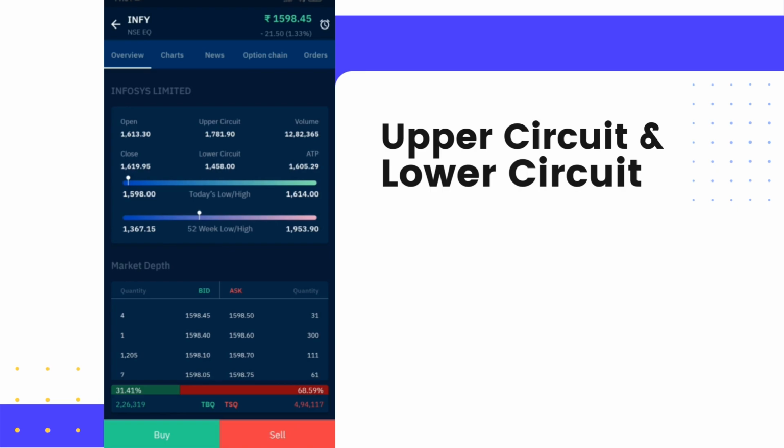Let's say from 1613.30 it went to 1620, 1630, 1640. But till when can it increase? It can only increase up to 1781.90. If it goes up to 1781.90, the stock will get locked on the upper circuit. Similarly, if the price is falling, it can fall only up to 1458.00. That is the lower circuit.